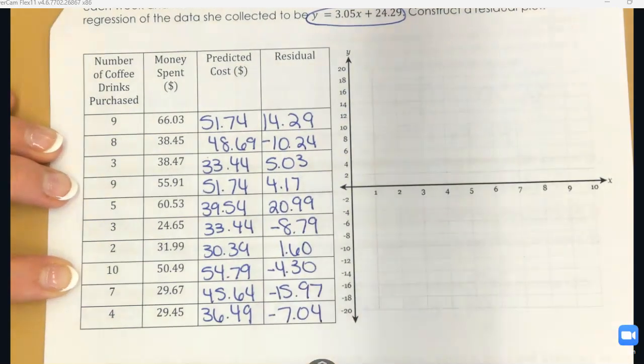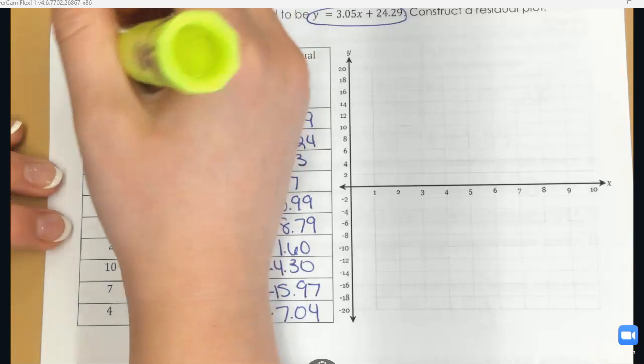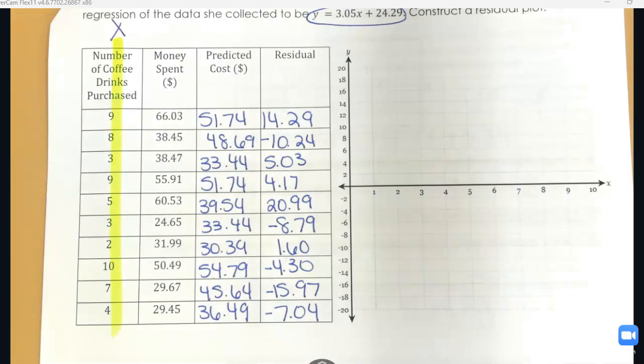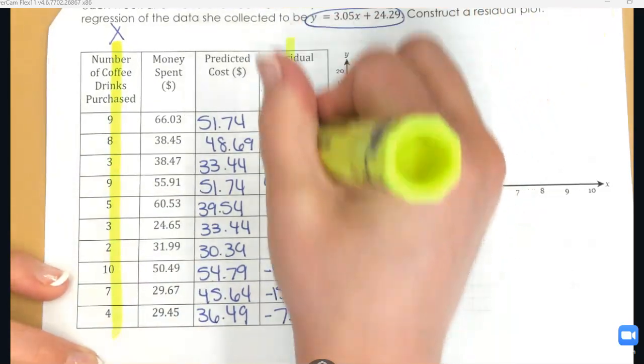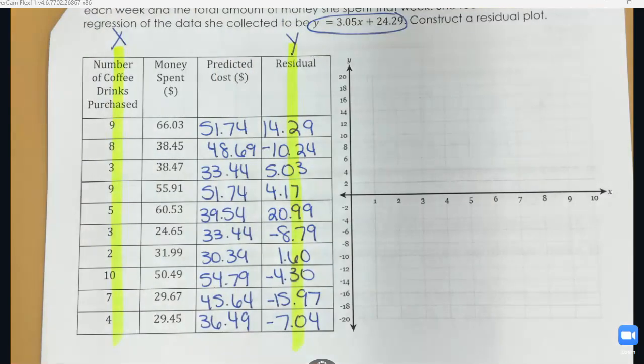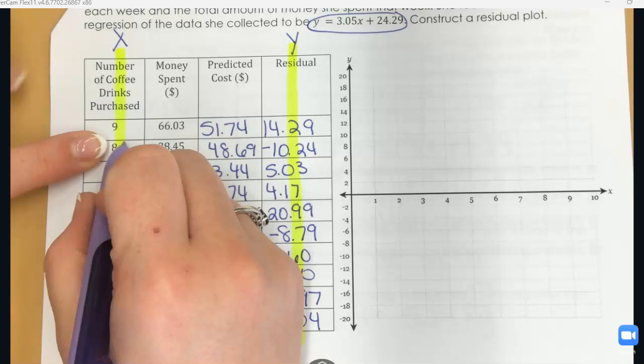Okay, so to make my residual plot, I'm going to take the first column of our table here. That is going to be my X values. And our final table here, our residuals, that is going to be our Y values. So we are going to match these X's and Y's 10 times to get just 10 points on our graph, and they will be kind of like a scatter plot.